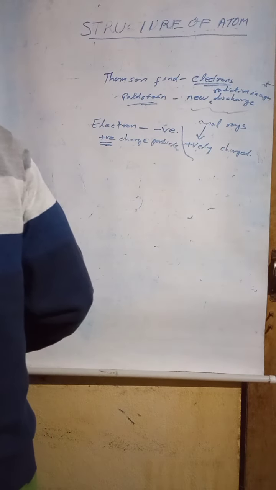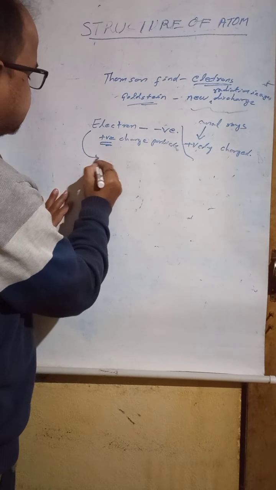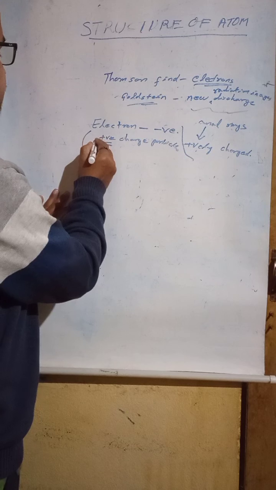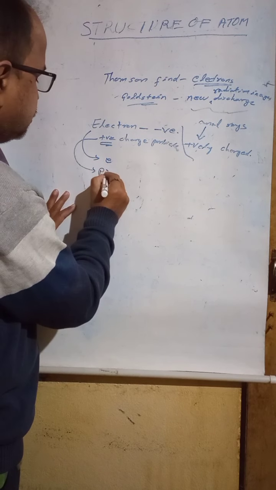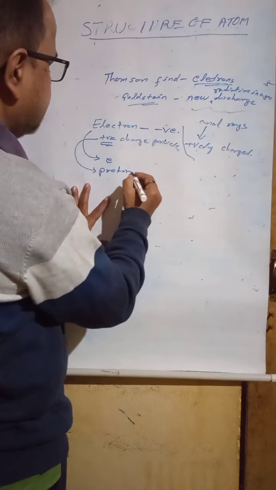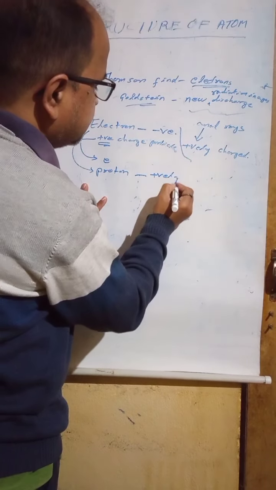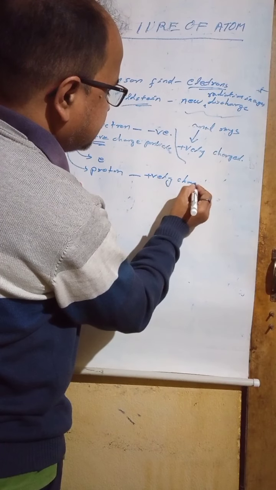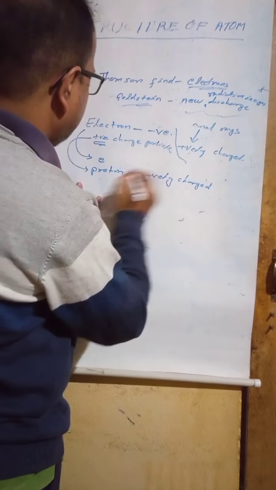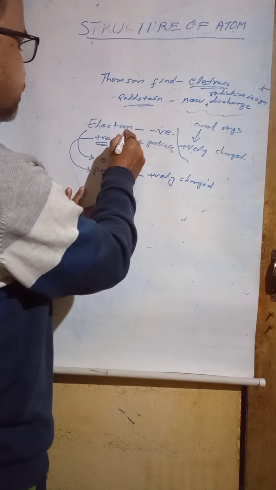The electron is generally represented as e, and the positively charged particle is called the proton.